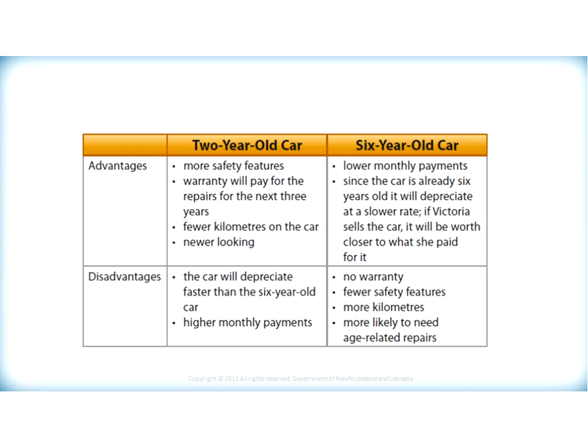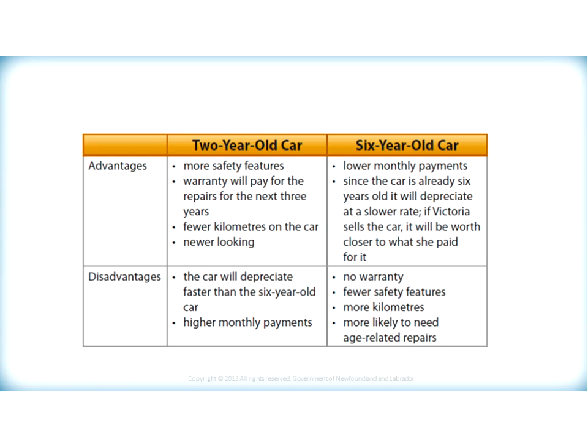The advantages for the 6-year-old car are that there are lower monthly payments, and since the car is already 6 years old, it will depreciate at a slower rate. So if she decides to sell the car in a couple of years, she's going to get closer to what she paid for it originally. Some of the disadvantages are that there is no warranty. So again, any repairs that need to be done, she'll have to pay for out of pocket.